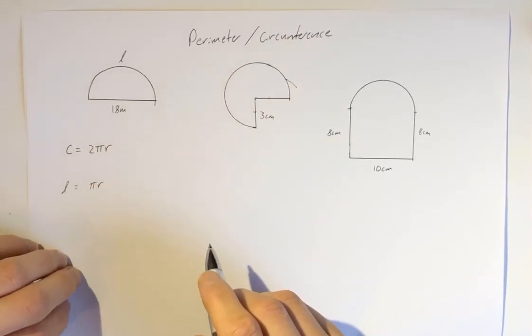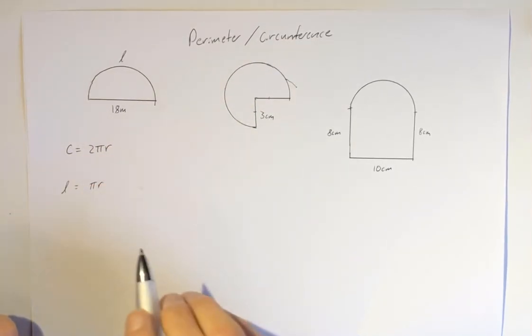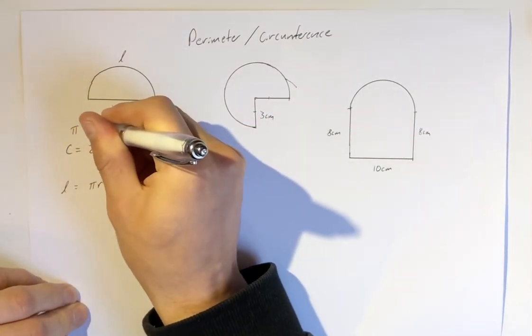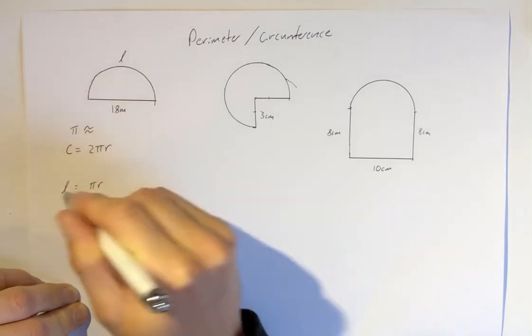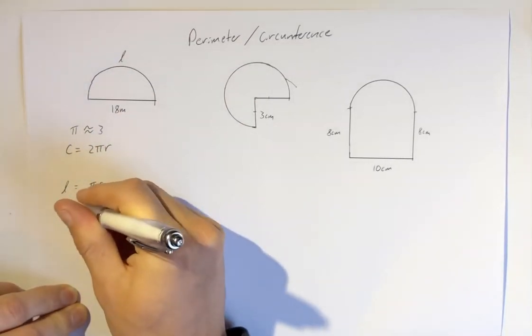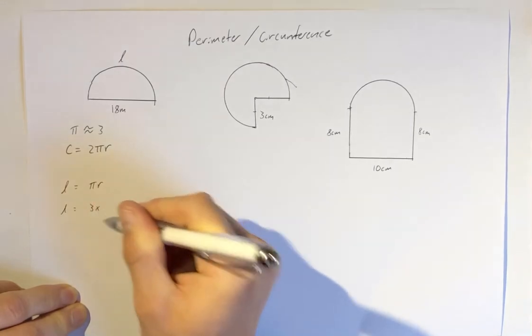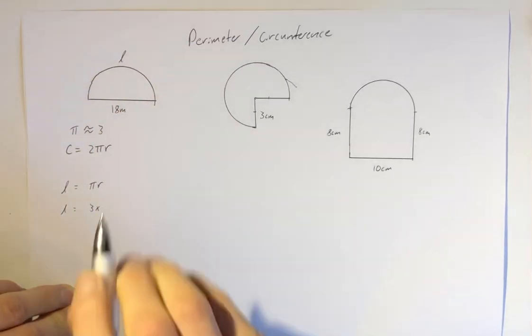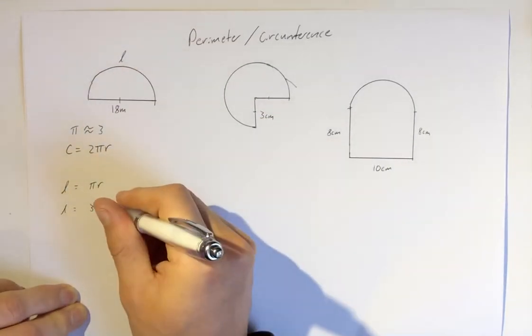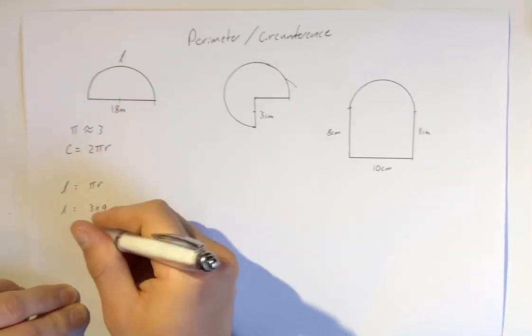If you're year 10 or above, you could use your calculator. If you're in year 9, we're going to say that pi is approximately, so that's just like a curved equal sign, approximately 3. So L is 3 times the radius. Now be careful, because the radius was half that diameter, so it's 9.